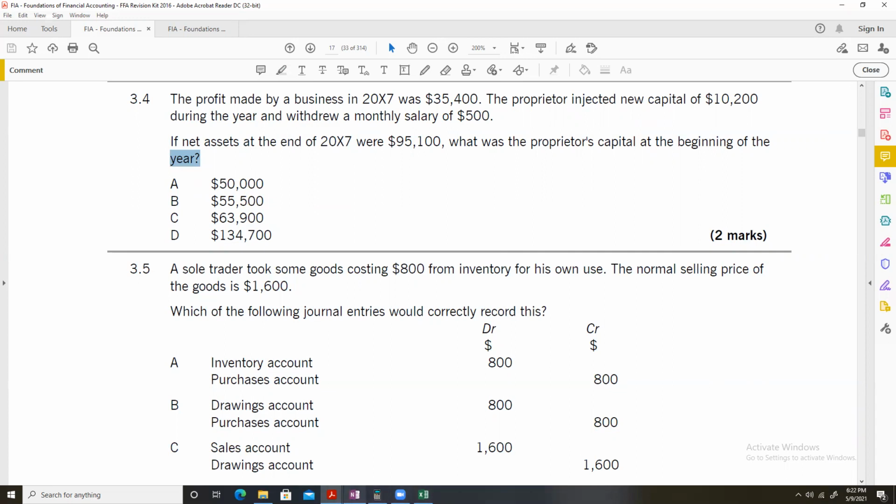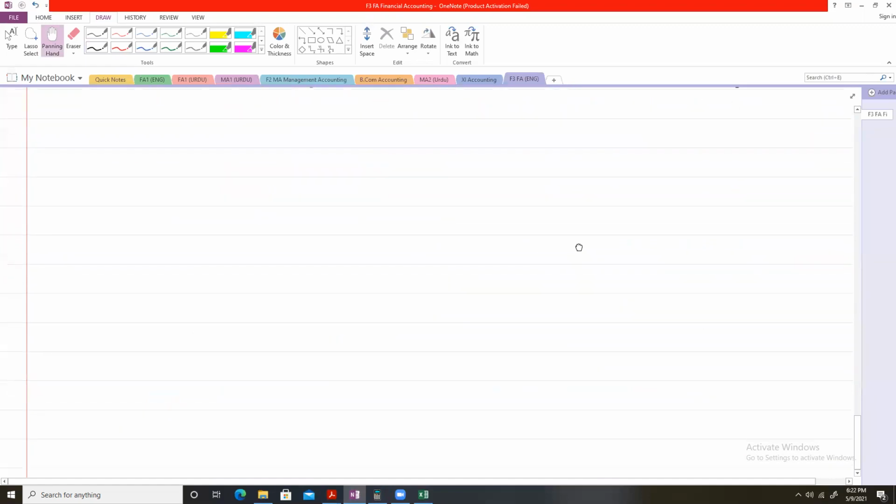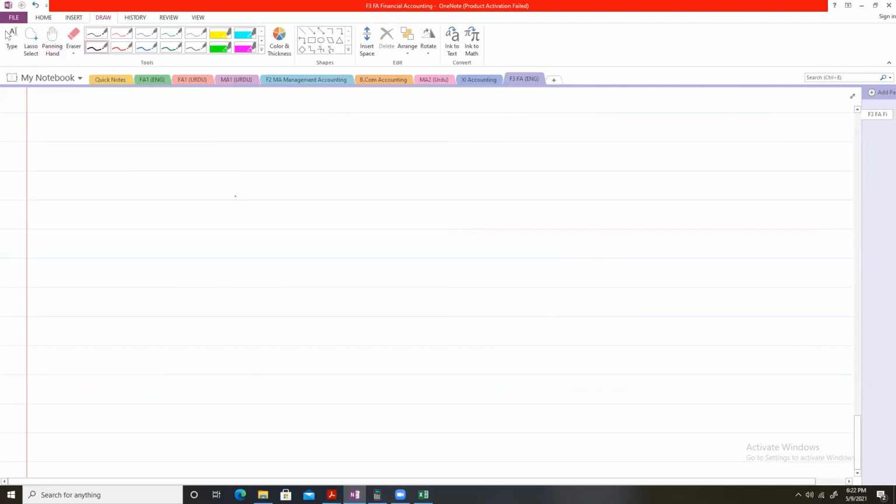Now, simply put figures in the capital account to get the opening balance. Let me show you how.